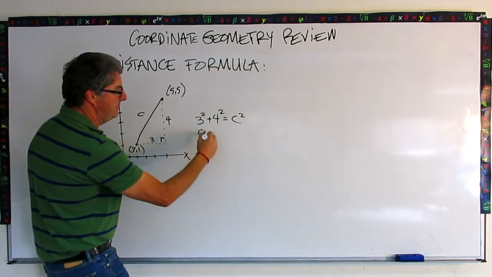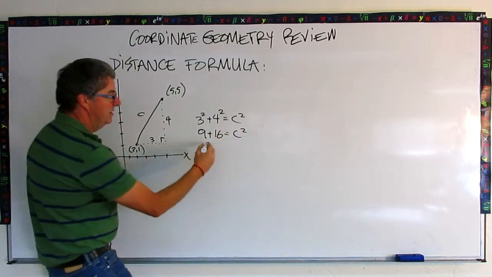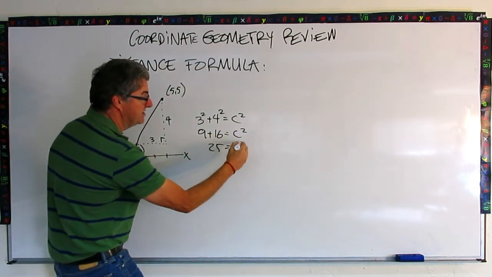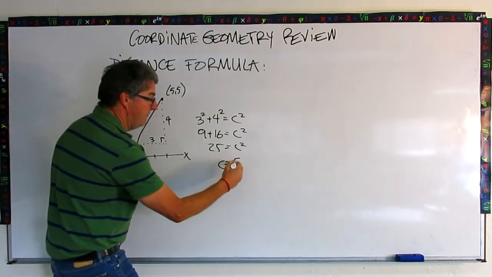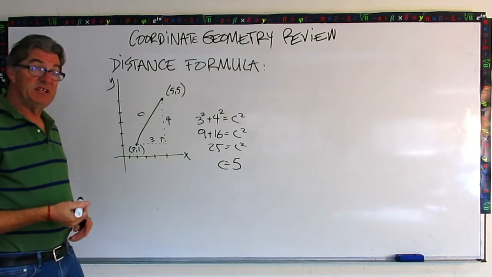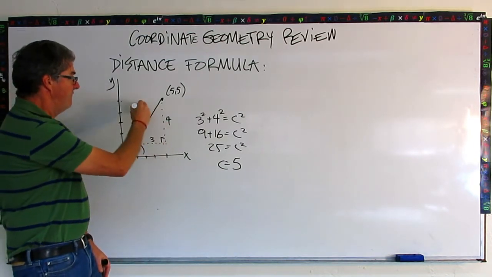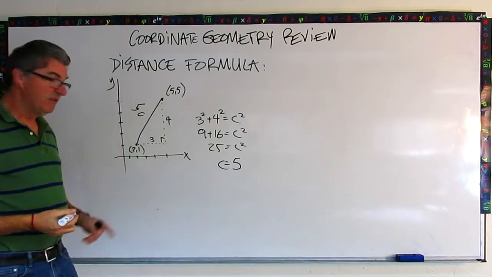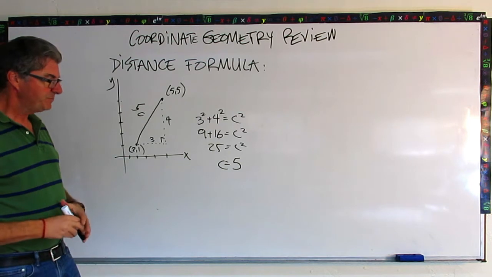This becomes 9 plus 16 equals c squared. 25 equals c squared. So now c is going to be the square root of 25, which is just 5. And in fact, this introduces you to a famous triangle. This is the 3, 4, 5 right triangle. So if you ever see two legs that are 3 and 4, you know the hypotenuse is 5.